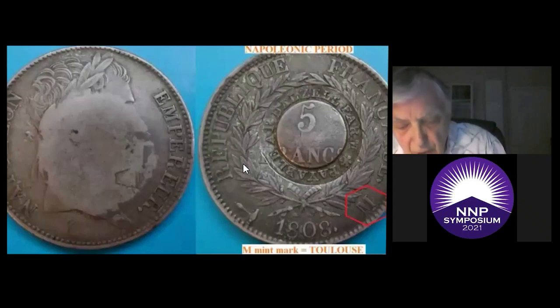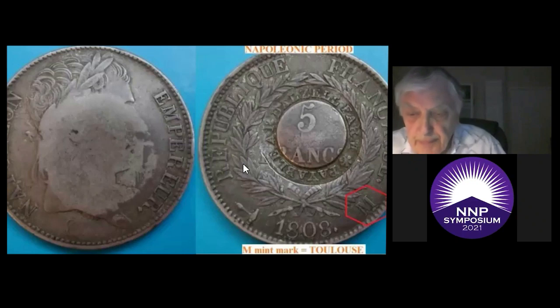Of the 27 noted, the split of mints is as follows: 14 to Paris, A, 3 to Bordeaux, K, 2 each to Bayonne, L, Perpignan, Q, and Rouen, B, and Toulouse, M, as seen here, and 1 to Limoges, I, and 1 to Utrecht in Holland, which was treated as part of France from late 1810 and minted French 5 francs in 1812 and 1813.